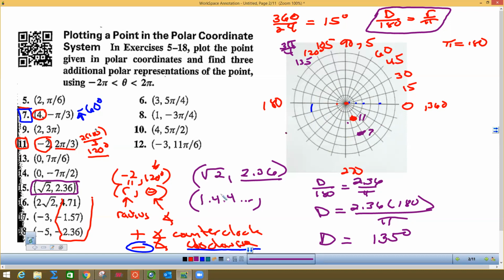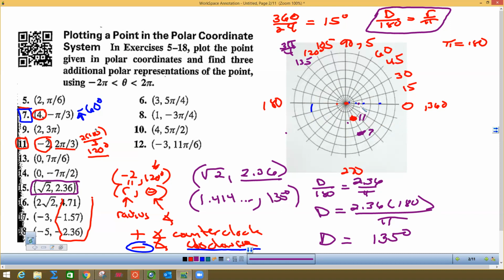Okay, so where am I going to go first on this? 135 degrees. So I'm going to go to the right. Now, am I going to be on a circle? No. I'm going to be almost halfway between what and what? First and second. 1.4 is a little less than halfway, so I'm going to go out past 1 and not quite halfway. Now, is my angle positive or negative?